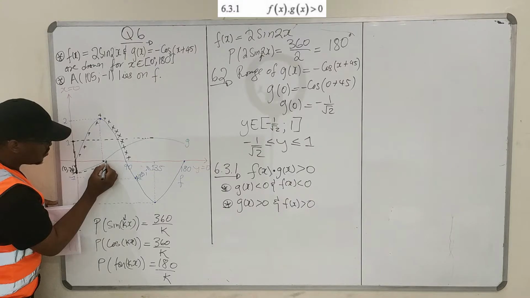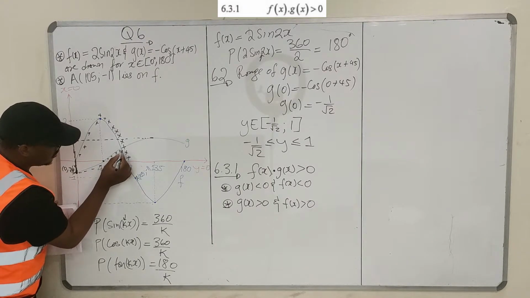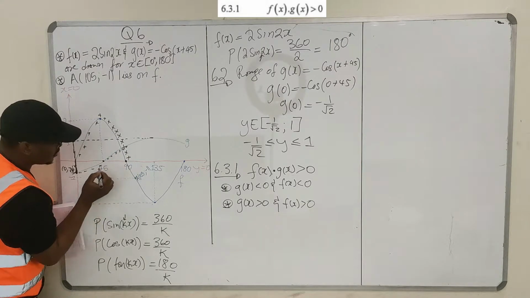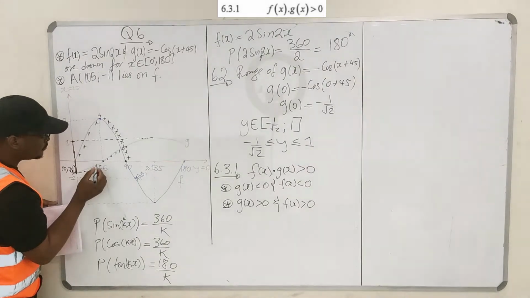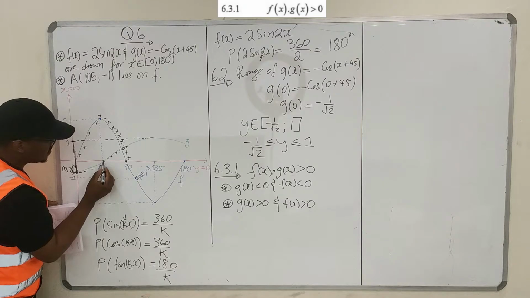And you look at your green one, you can see it's also positive, and then it becomes 0 at this point.